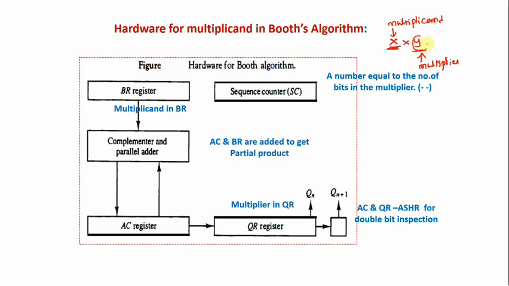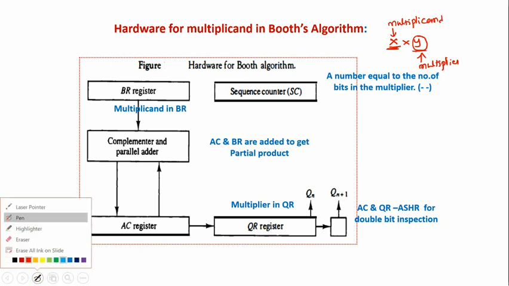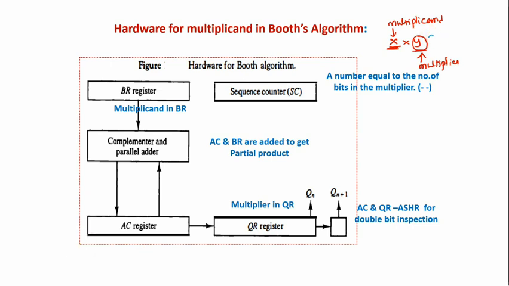For storing the multiplier, I'll be using the Q register, or we call it the QR register. For the multiplicand, I'm using the BR register. After performing the multiplication, the final result is stored in the AC and QR registers. Two registers are used together to store the result. Why two registers? Why not one register?